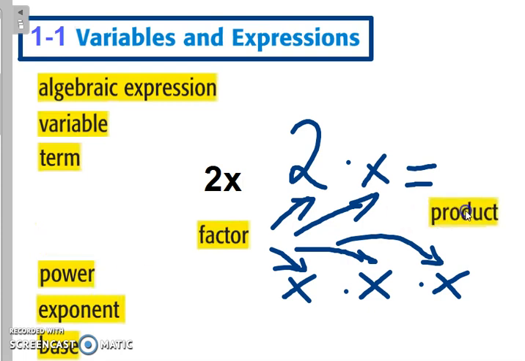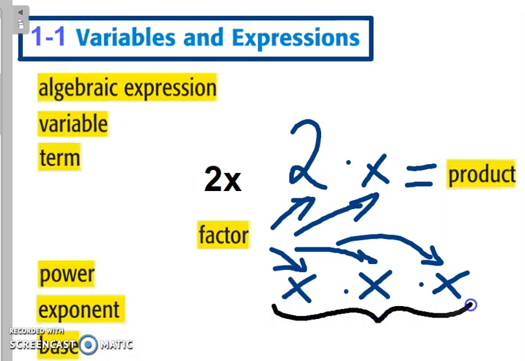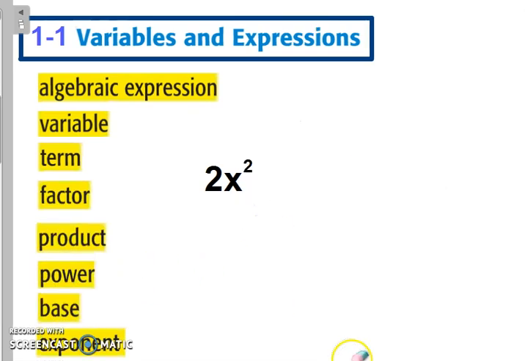The result of a multiplication is called a product. Down here we have repeated multiplication, and this can also be written as x to the third power. That is called, as I just mentioned, a power. So here we have an example of a power.